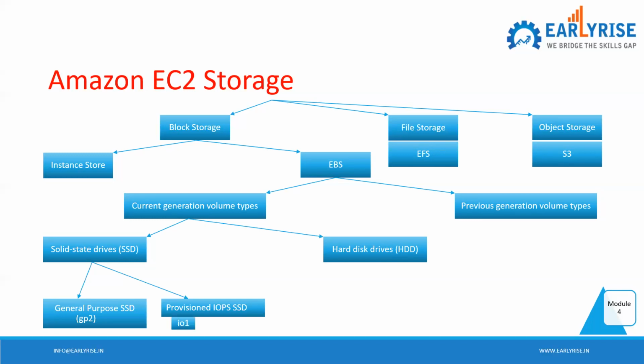Under that SSD also, you now have two choices. Earlier we had only IO1 until August this year. I was looking at what is new at Amazon, what is new at AWS, and after two or three days, on the 27th or 28th of August, I saw that one more came.